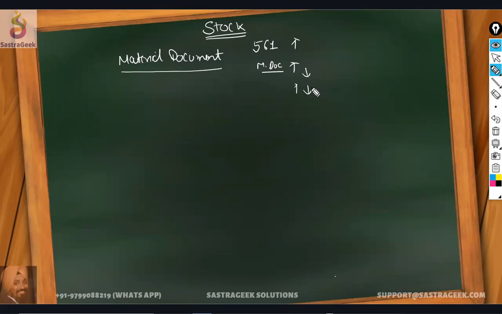Some can increase the stock and some can reduce it. Your 561 movement upload of stock will increase it from 0. Let's say you uploaded 100. Then you consumed 20 in your production order with 261. Then what would be your stock quantity? 100 minus 20, your stock will become 80.